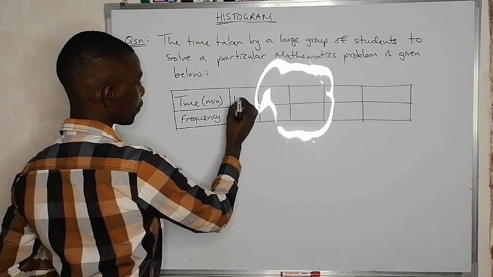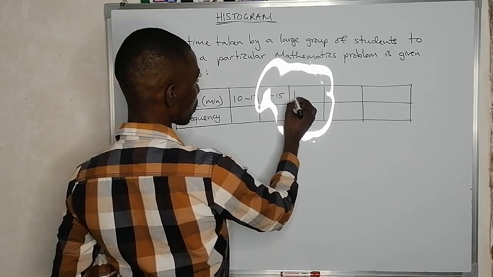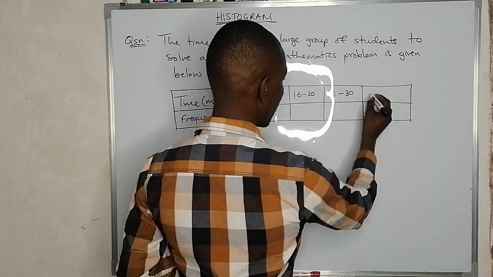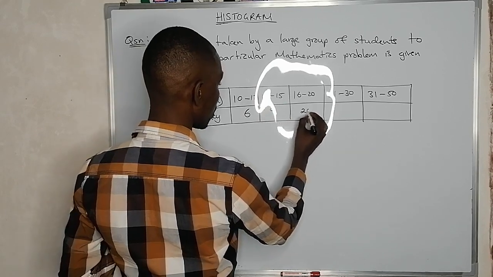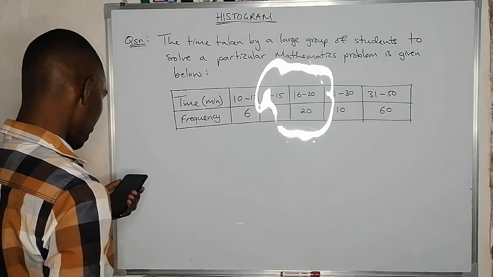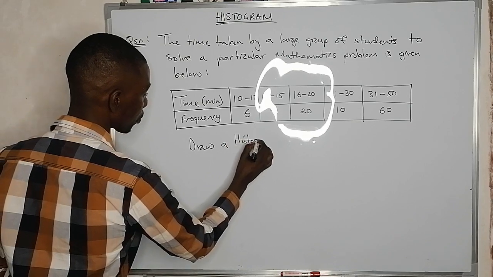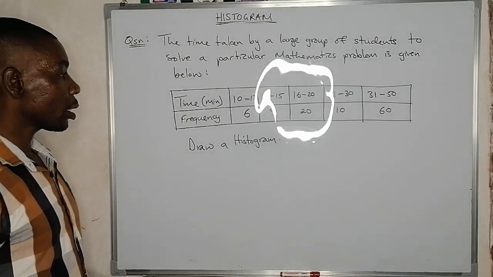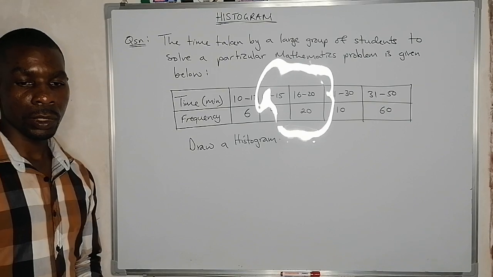For time we have 10 to 12, 13 to 15, 16 to 20, 21 to 30, and 31 to 50. Then the frequencies are 6, 20, 10, 60. We are required to draw a histogram to illustrate this data. So try to attempt this question. Remember to change from apparent classes to real classes. Thank you. See you in our next lesson.